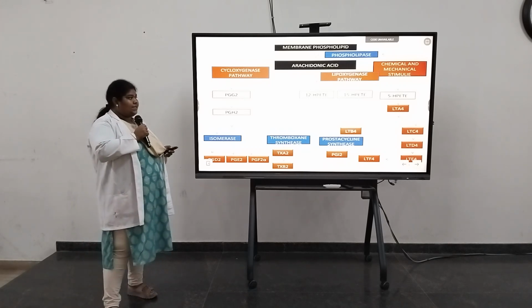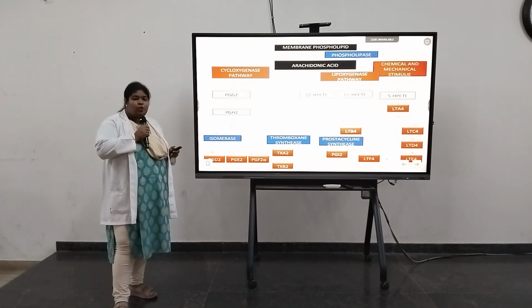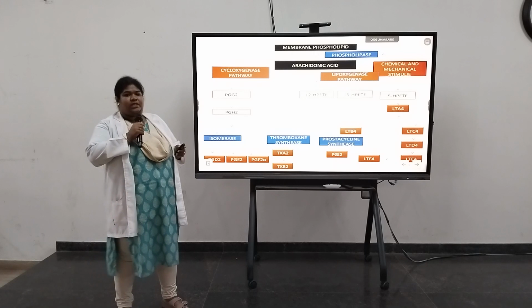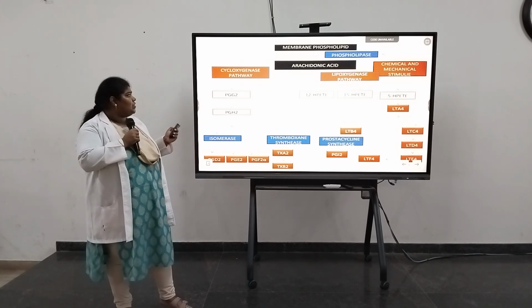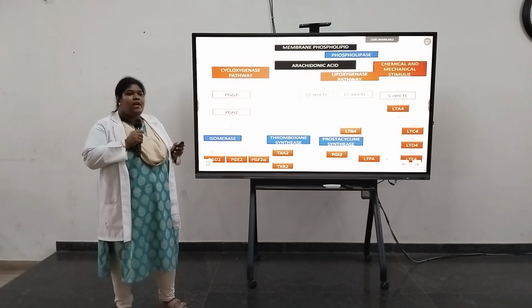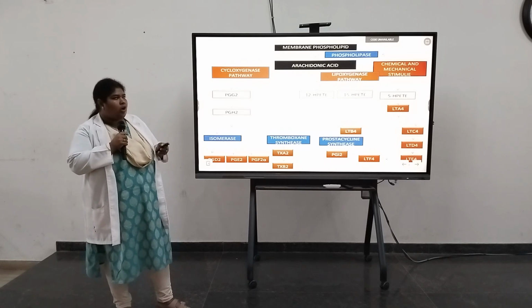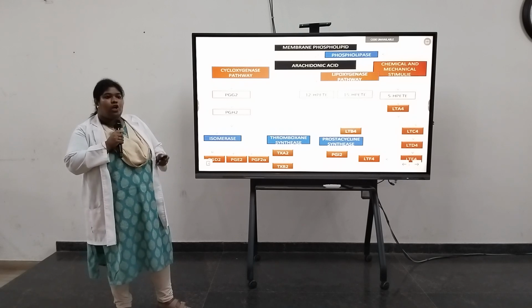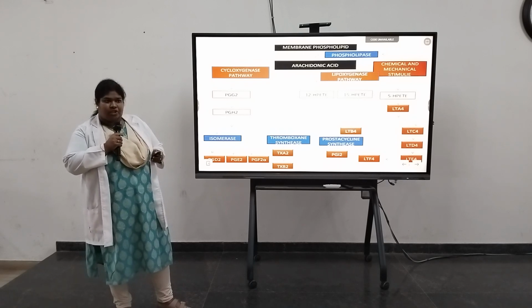From arachidonic acid, we divide into two pathways. One is the cyclooxygenase pathway, and the other is the lipooxygenase pathway. The enzyme involved in the cyclooxygenase pathway is the cyclooxygenase enzyme, in short COX. And the enzyme involved in the lipooxygenase pathway is the LOX enzyme, that is lipooxygenase.